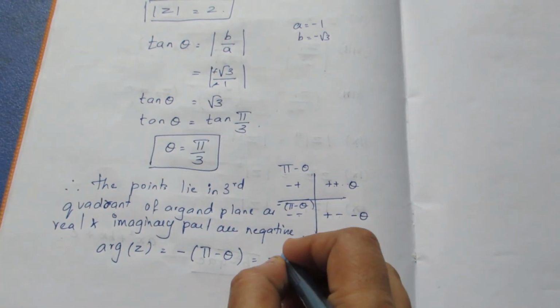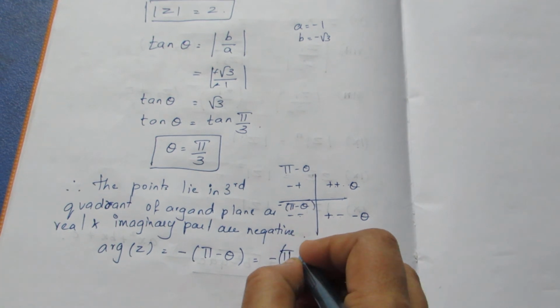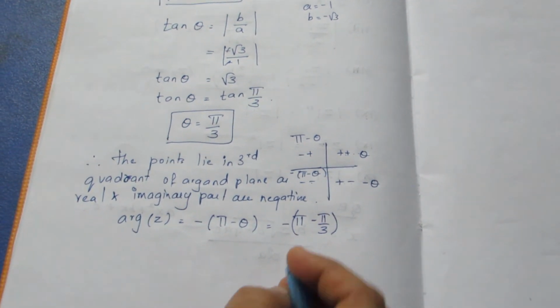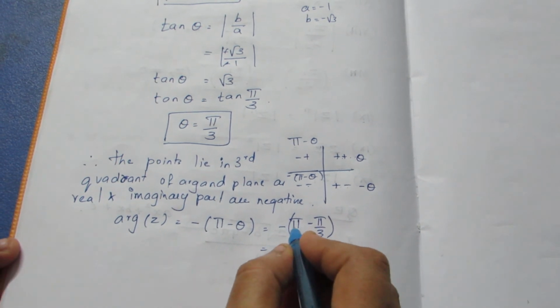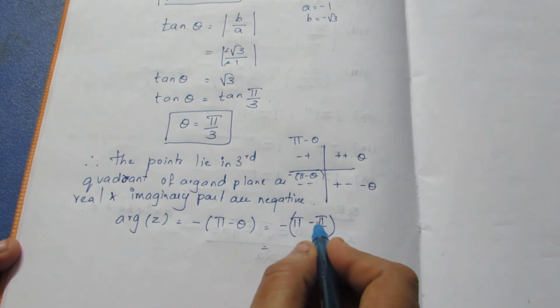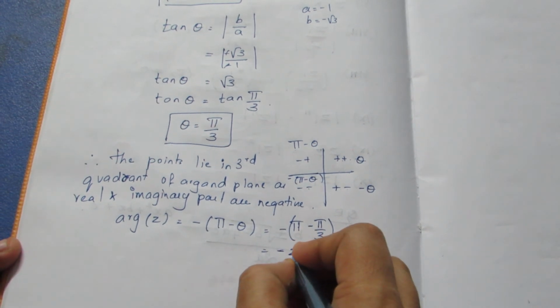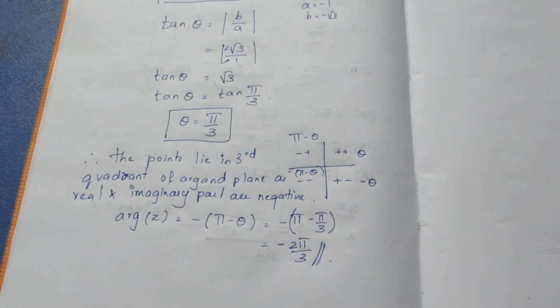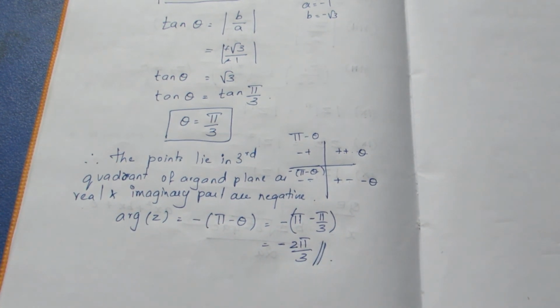Substitute it here, minus of pi minus pi by 3. If we solve this, we need to take the LCM. So 3 pi minus 1 pi will become 2 pi by 3. So the argument of the given complex number is equal to minus 2 pi by 3.